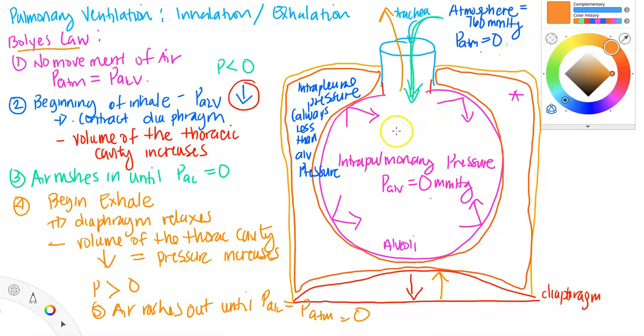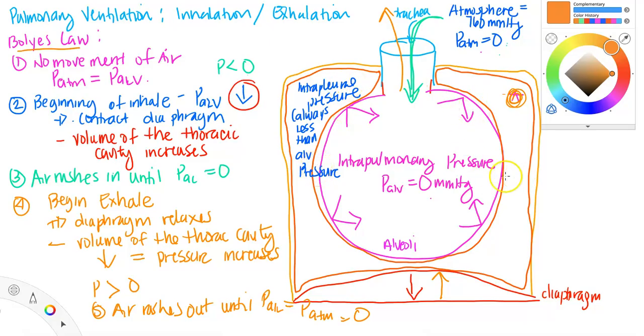Okay, so there's that, and if there's anything else here. Like I said, the intrapleural pressure, the pressure that's in here, is always less than alveolar pressure.